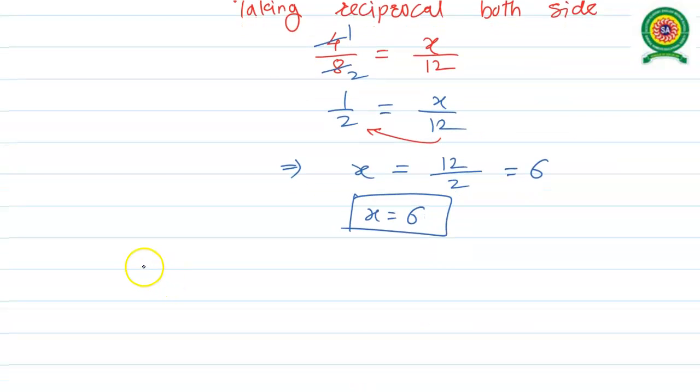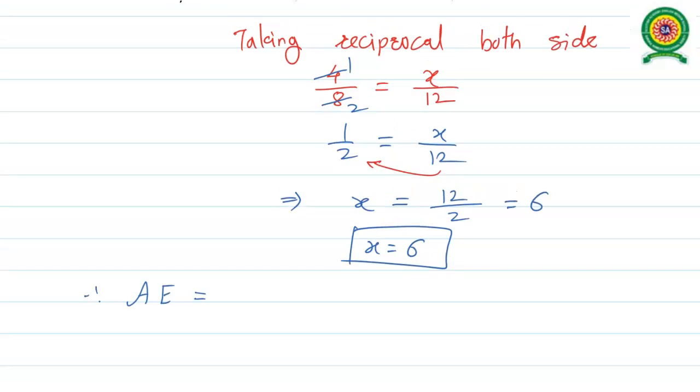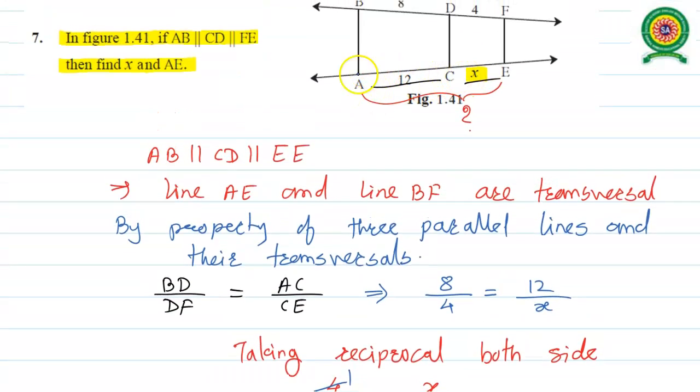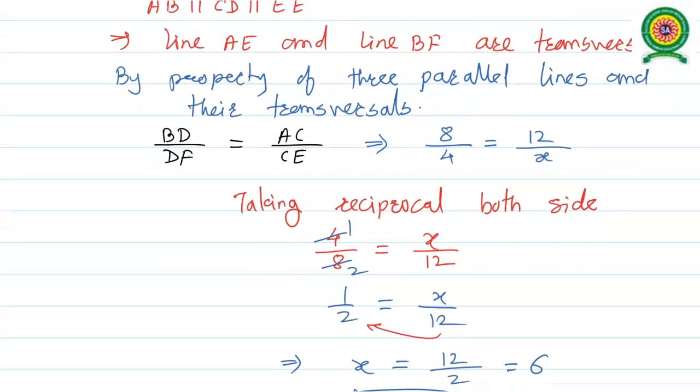Now we have to find the value for AE. Look at the figure once carefully. Since the points A, C and E are collinear, lie on the same line, we can write AE as AC plus CE. AC is already given as 12 and the x value we now have is 6.